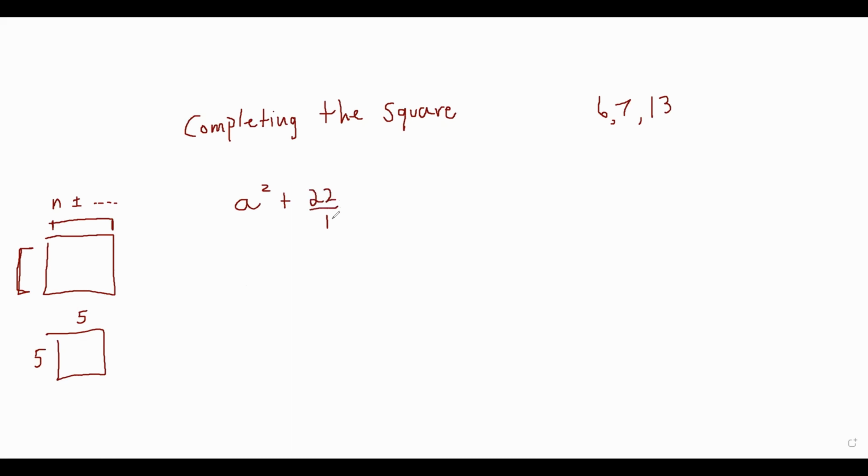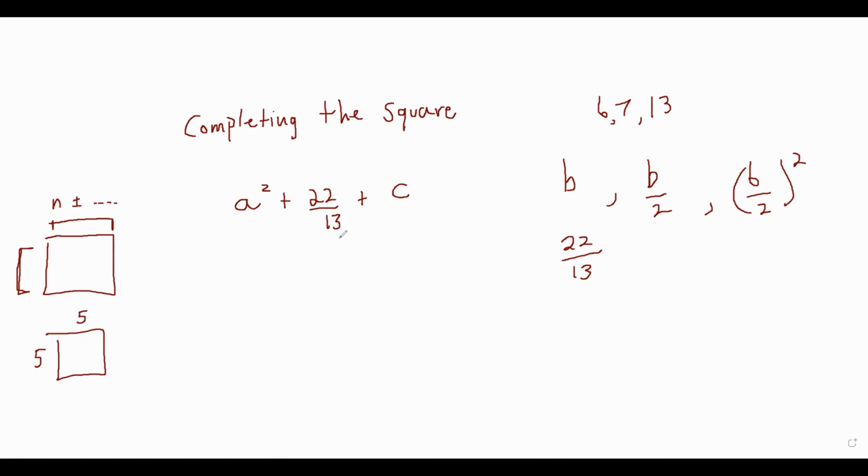22 over 13. Let's see. So what we're going to do is we take our b value. We are then going to divide it by 2. And then we are going to square that. So our b value is 22 over 13. We could do the same thing that we did last time, and just double the bottom.